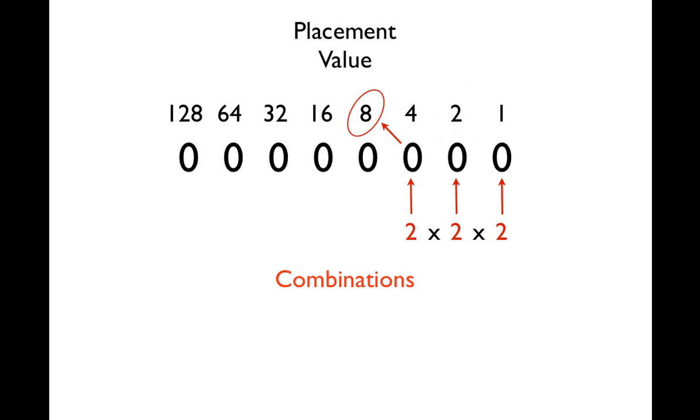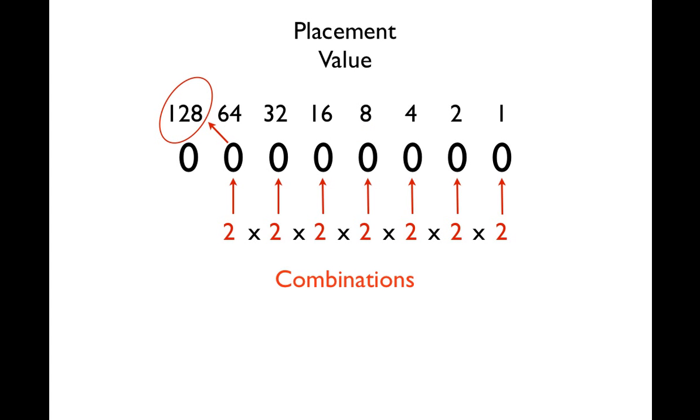If I wanted to know the same for 3 bits, you would look to the next placement value, which would be 8, and that would describe that 2 to the third power, or 2 times 2 times 2, would be 8 different combinations. If I did it to 2 to the 7th power, that would be 128 combinations, and if I did it for all 8 of them, there's your 256 combinations.